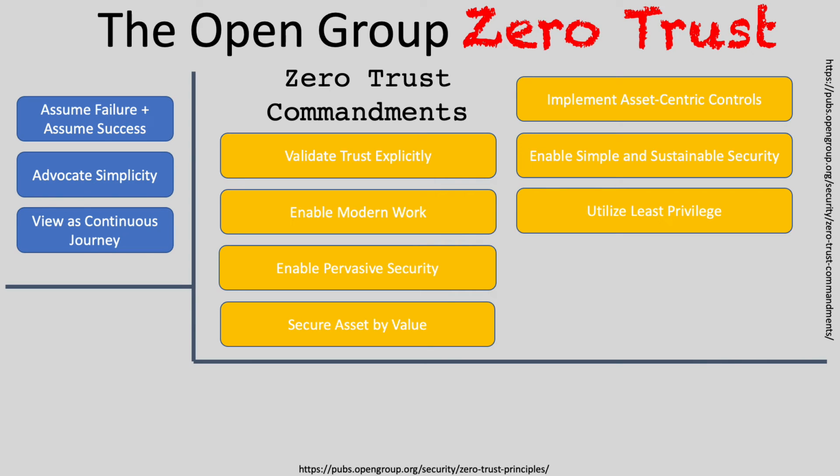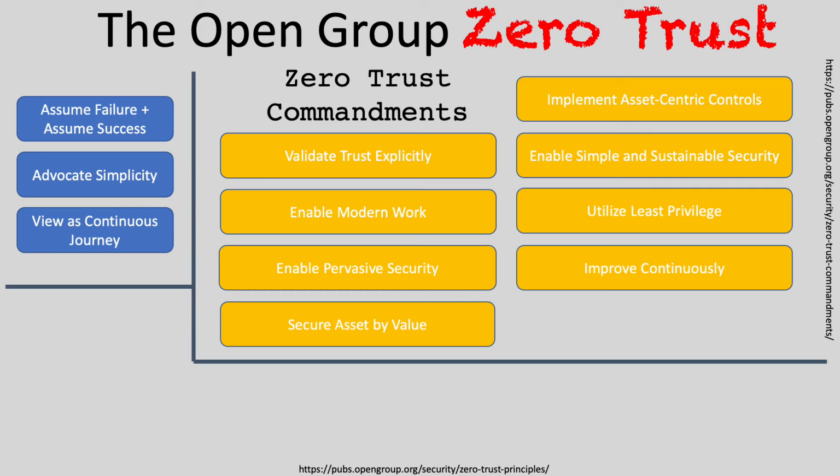The next commandment is utilizing least privilege. This is giving permissions to a user only for them to do their job. When we think about least privilege, we're thinking in terms of just-in-time access, just enough access, and adaptive access, some of the topics we discussed during that Microsoft Zero Trust module. The next one is to improve continuously.